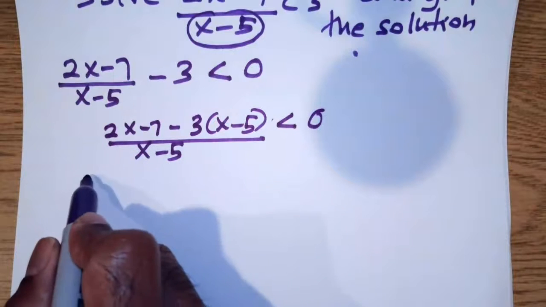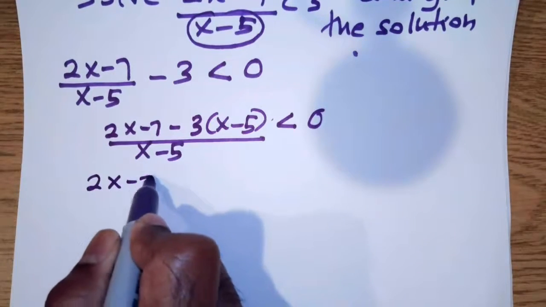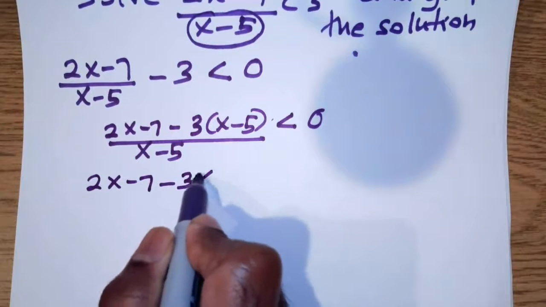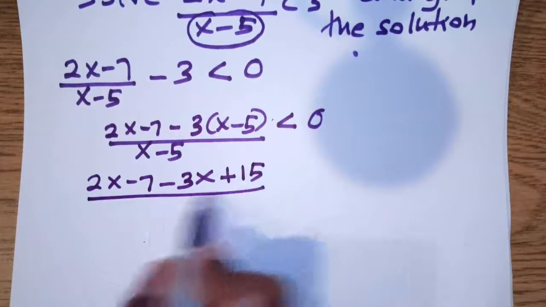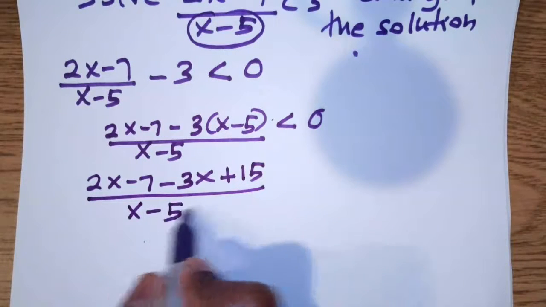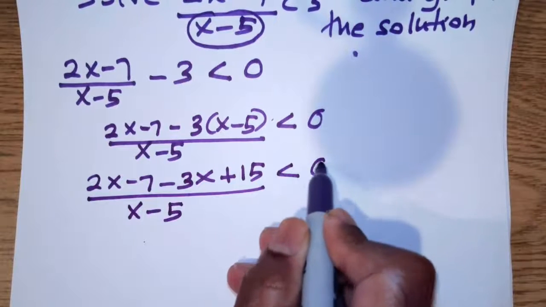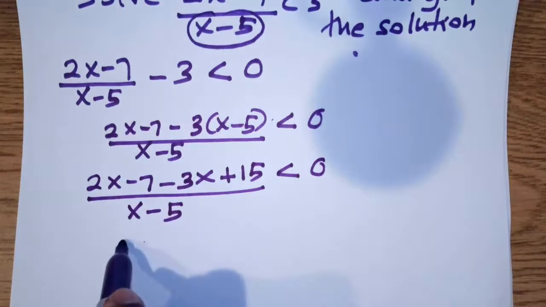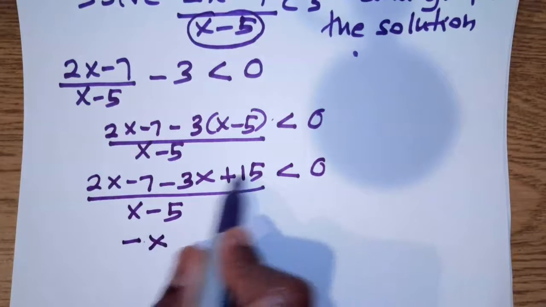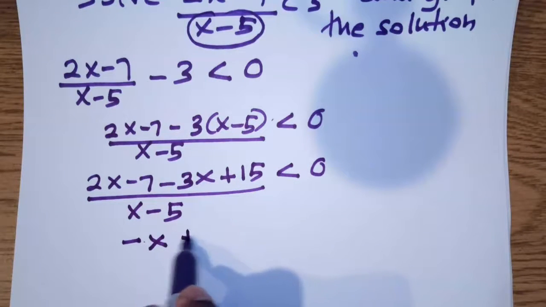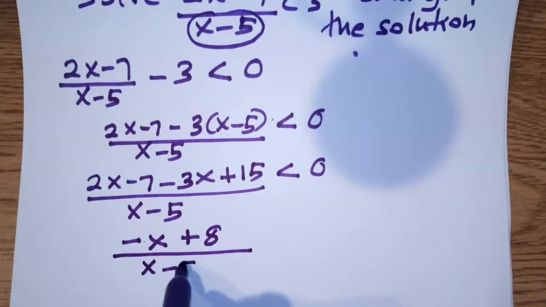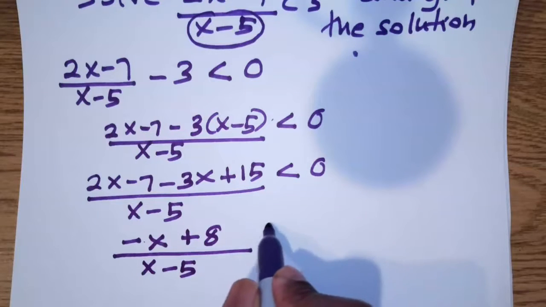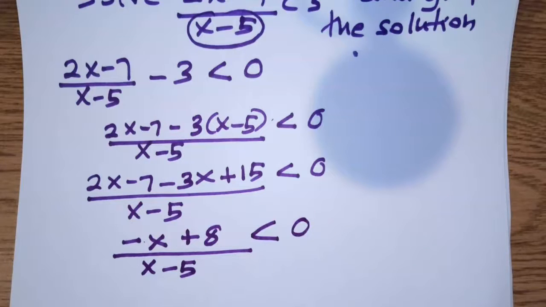So if you FOIL this now, you get 2x minus 7 minus 3x plus 15 divided by x minus 5, less than 0. So 2x minus 3x is minus x, 15 minus 7 is plus 8, over x minus 5, and you want it to be less than 0.